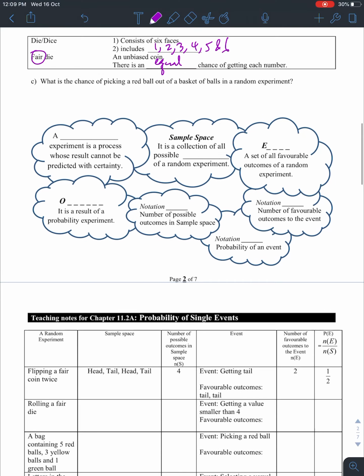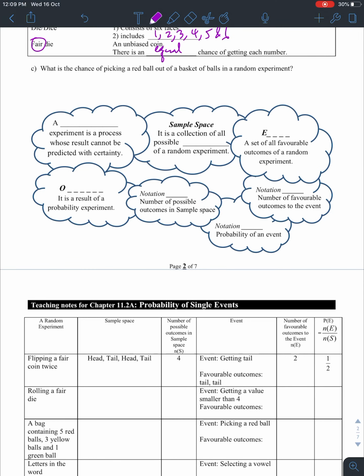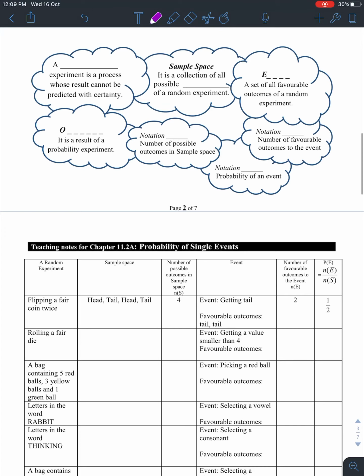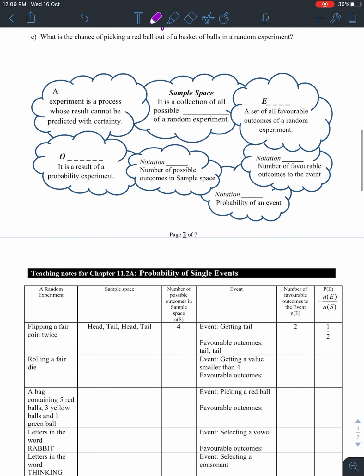What's the chance of picking a red ball out of a basket of balls in a random experiment? We can answer this question later. Let's look at some of the definitions first. A random experiment is a process whose result cannot be predicted with certainty.